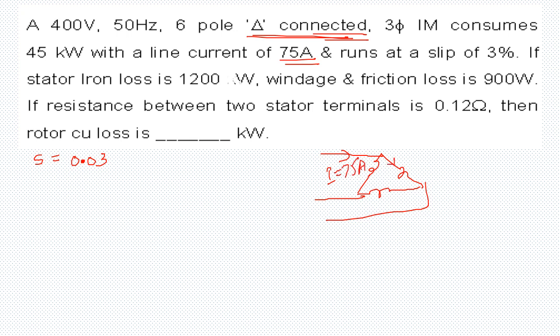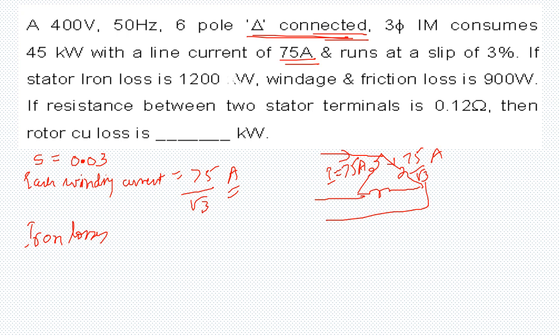Because all three phases are balanced, the phase current, or winding current, equals 75 by root 3 amps. Also known to us are the iron losses, which are 1200 watts.